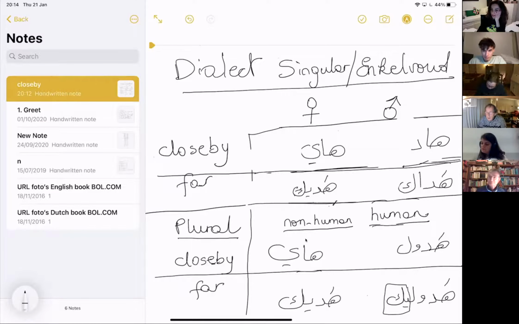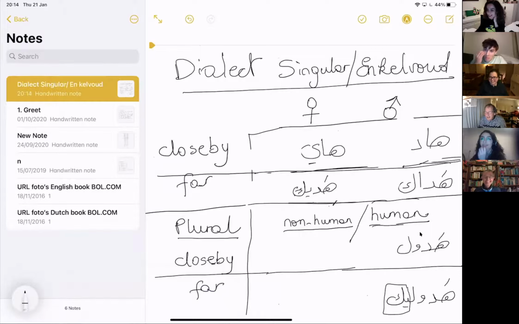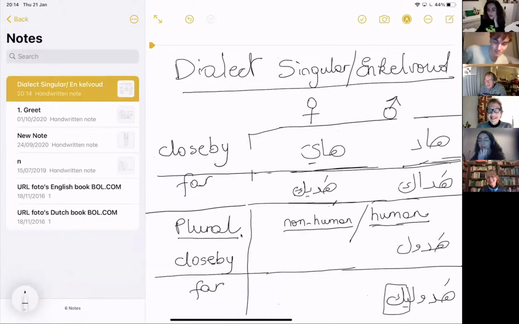Let's say these books. You know what we could also decide together? We can decide that for plurals in dialect, we only use the plural ones. That way you don't need to worry about them. So you'll have less to worry about. I feel so relieved. Always use these for plurals, whether it's non-human or human.